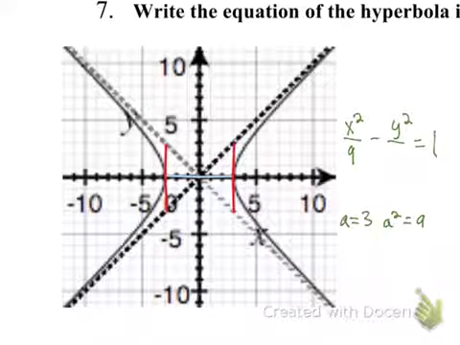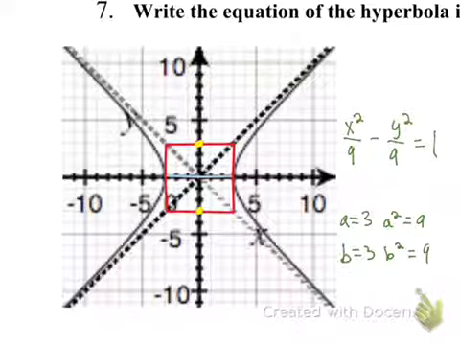Now I've drawn lines to all my asymptotes. I'm now going to connect them. Now they are connected, and I can see that my conjugate axis is at (0, 3) and (0, -3). So b is 3 as well, so b squared is 9. And you have your equation for the hyperbola.